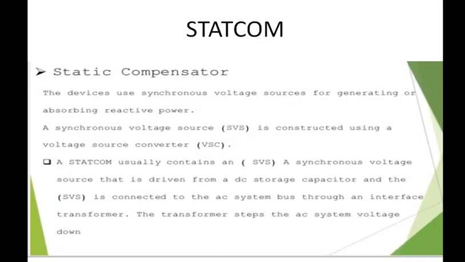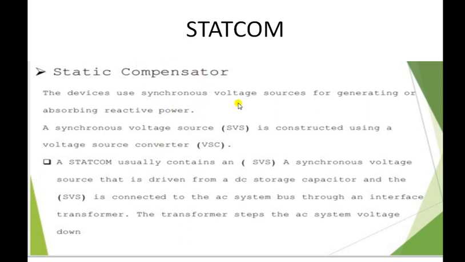Now let us see the next FACTS device used for controlling the voltage, that is nothing but the STATCOM. The word STATCOM is derived from the words static compensator. Okay, so stat and com, it is STATCOM. It is nothing but a static compensator. The devices use a synchronous voltage source for generating or absorbing reactive power.